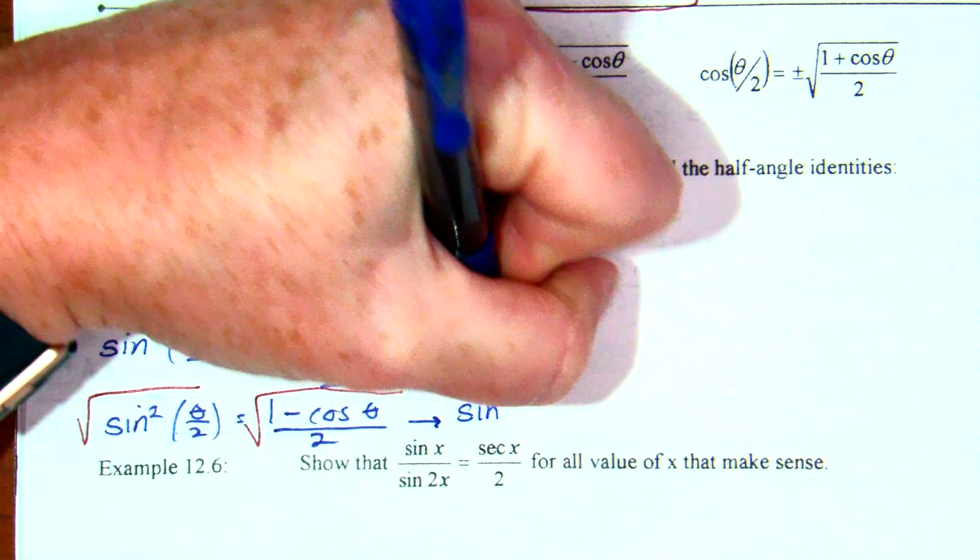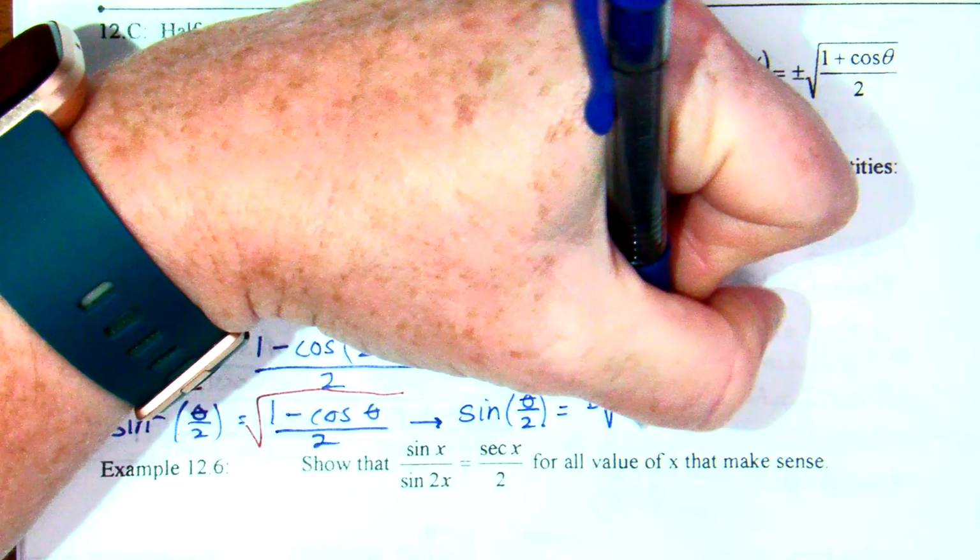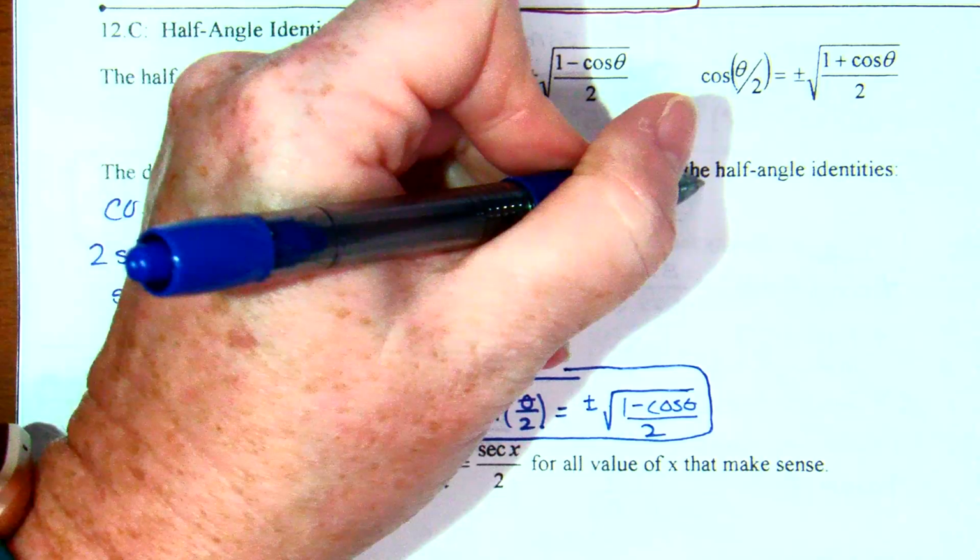Anytime you take the square root in an equation setting, we're going to say plus or minus the square root of 1 minus cosine theta over 2. And again, the point of that is to show the connection between double and half angle identities.